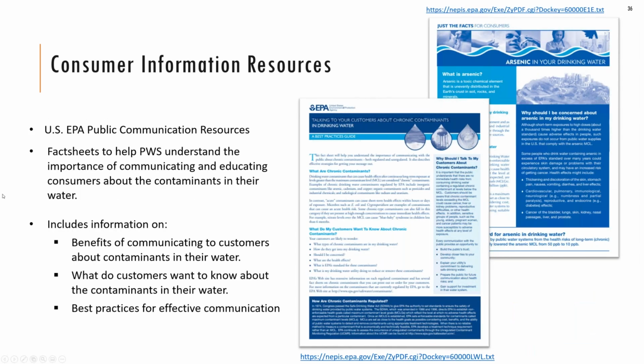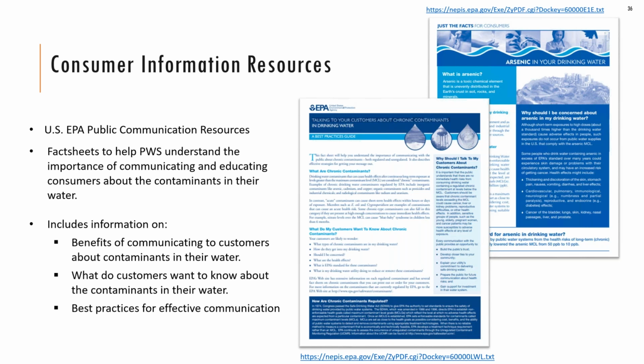I also found several short EPA fact sheets intended to help water systems better communicate with their customers on the contaminants that are in their drinking water. There are various benefits of providing customers with information on contaminants. Customers should be aware about what is in their water, and that there is no immediate threat to consuming contaminants below the MCL, but should be aware that there is a risk of exposure to contaminants above MCLs.